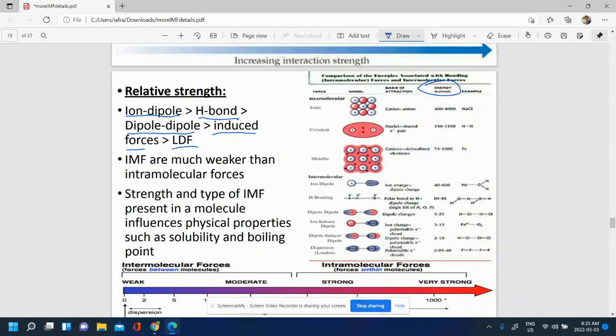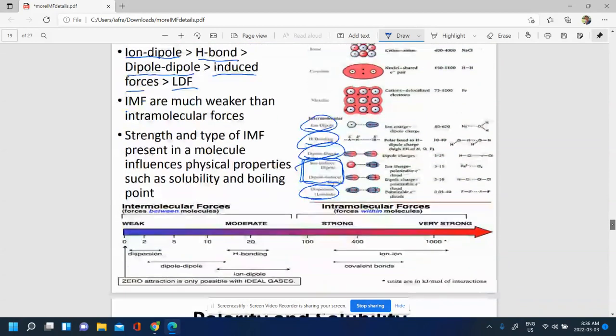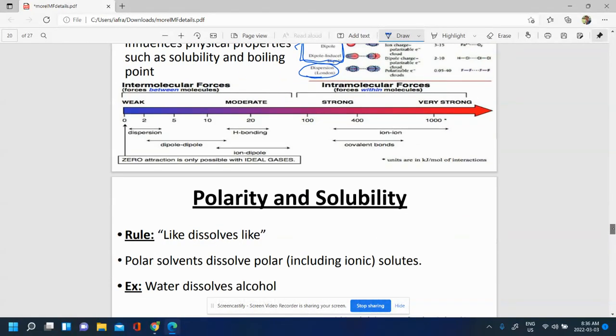So it shows you the strength that you might see there, with dispersion being the weakest, ion-dipole being the strongest, H-bond not too far behind, dipole-dipole, and then your induced forces over here being just slightly stronger than the London dispersion forces. And so the strength of these intermolecular forces is going to determine those physical properties, or allow you to make predictions about those physical properties going forward.